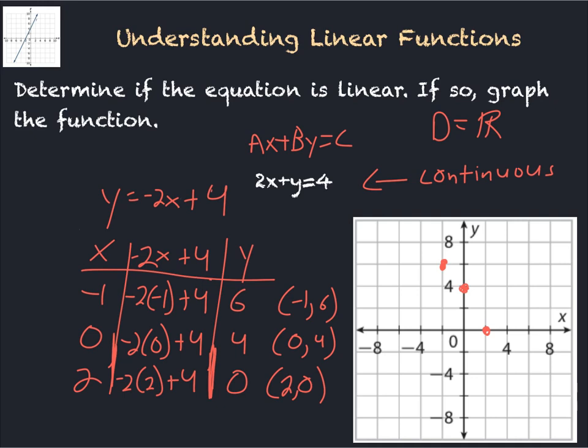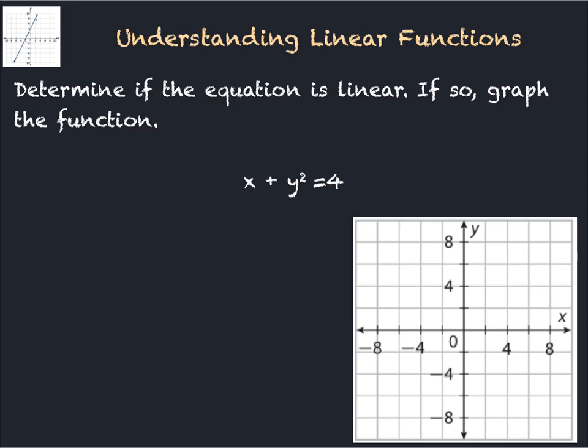This is not negative 1, 6, because negative 1 would be between 0 and 1, so negative 1, 6 would actually be right here. Okay, so those would be your 3 points. And it's continuous, so we are going to go ahead and connect them with a line. And you could obviously see that it is linear.